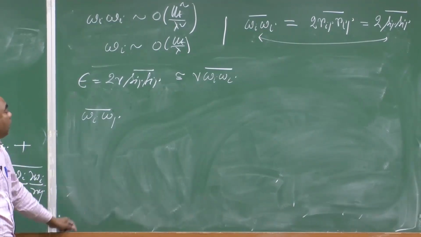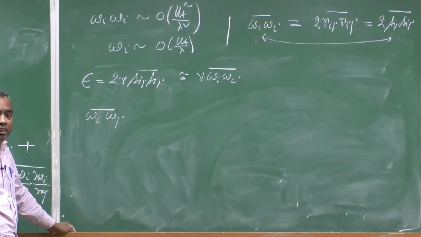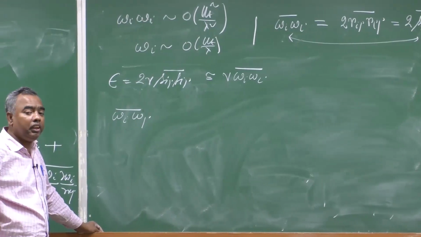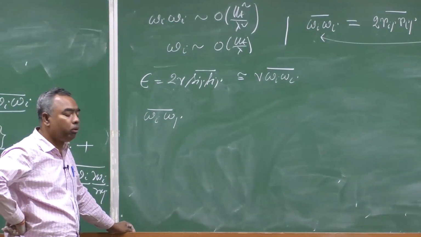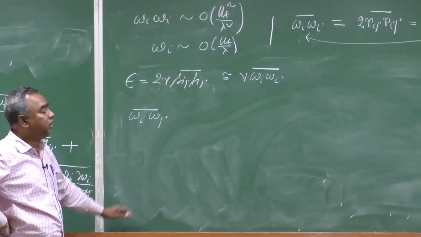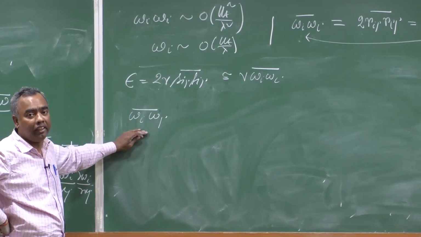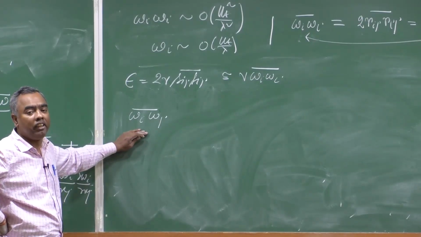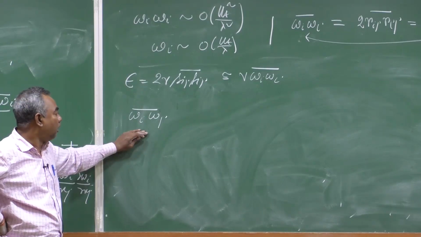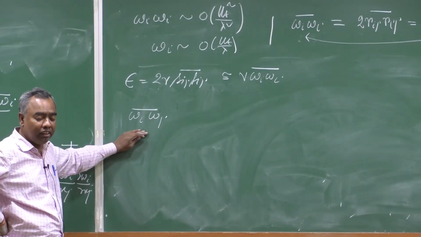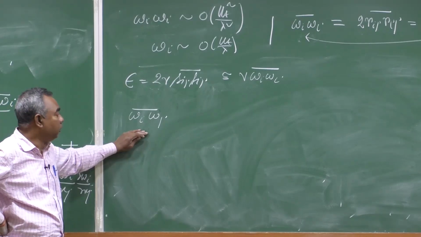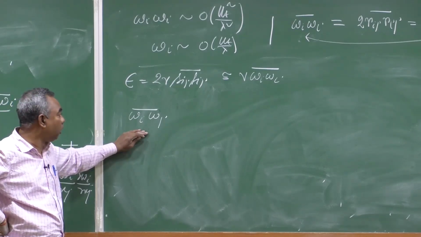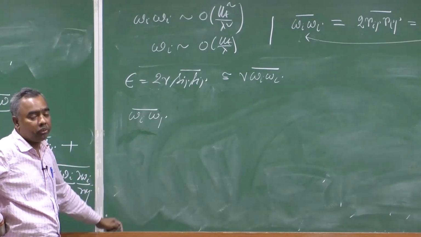The non-diagonal term of this particular product is going to exist only at non-zero value of the mean strain tensor. If the mean strain tensor, if the off-diagonal terms are non-zero, then only these terms are going to survive.